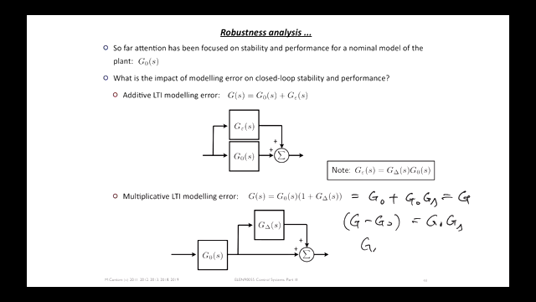So that's telling me G delta is G minus G naught divided by G naught. So it's the uncertain bit here, a bit about which you might know something. You might know how its magnitude varies across frequency, but not its phase.